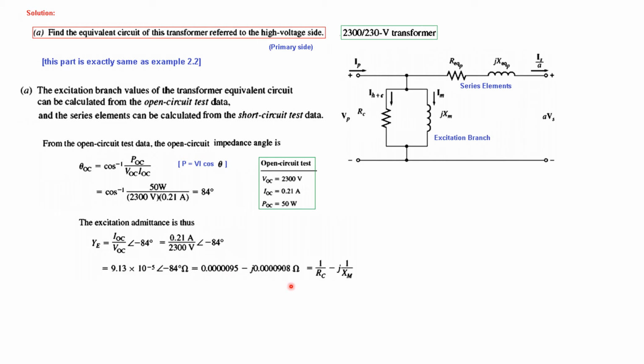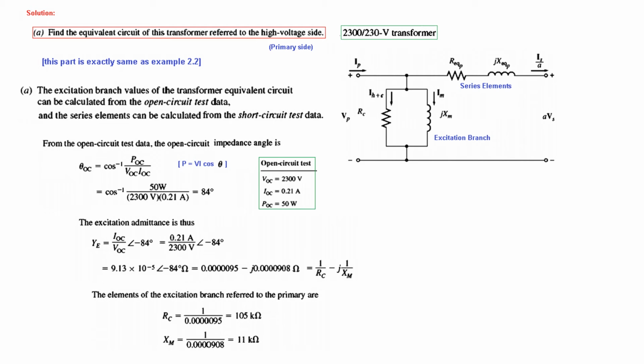And so we just take the real part and imaginary part separately. So RC will become 1 over this real part, which is 105 kilo, and XM will become 1 over this part, which is 11 kilo.